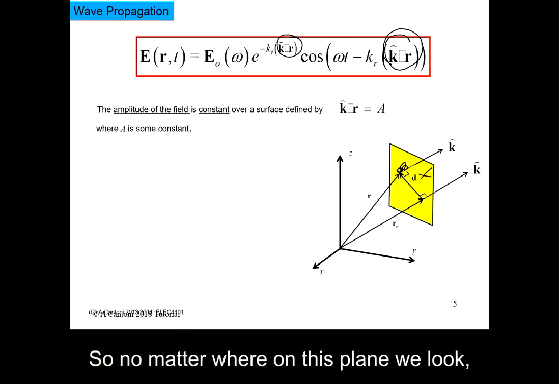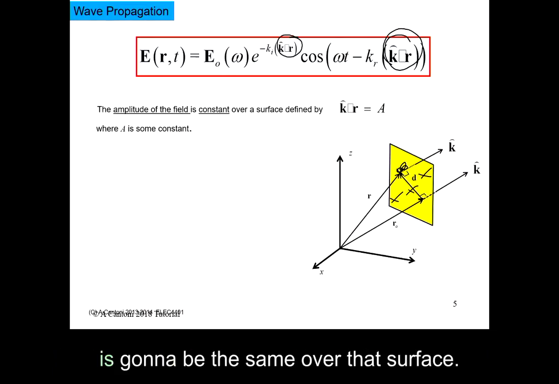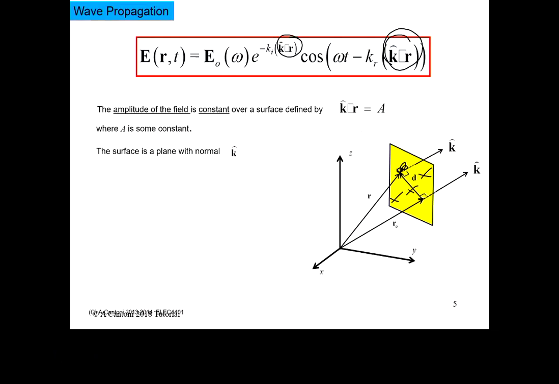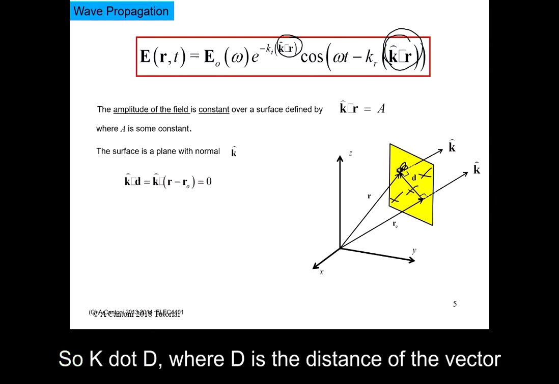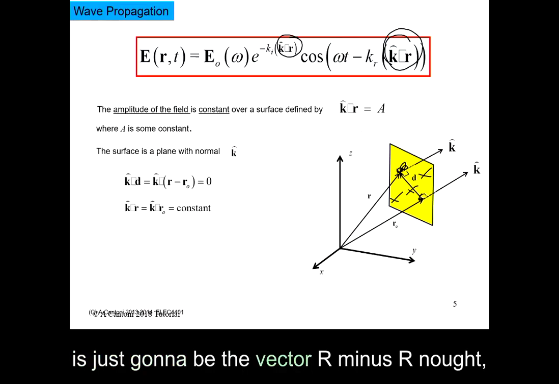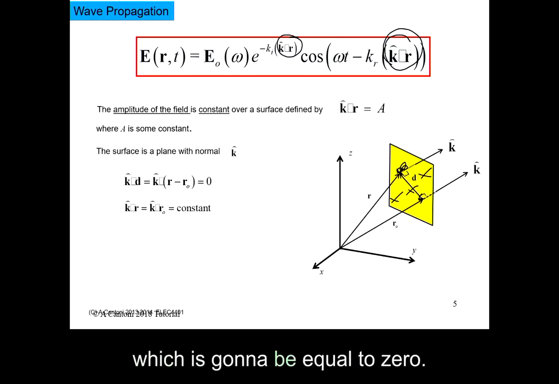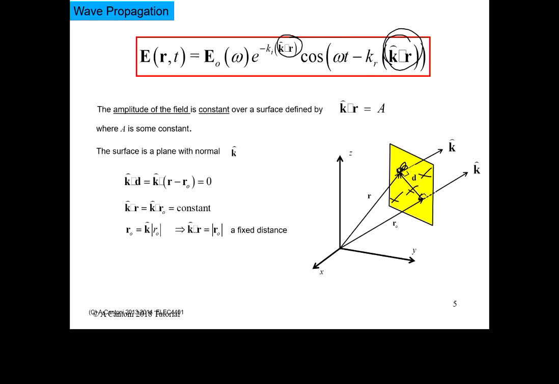So no matter where on this plane we look, because it's all flat, because we're very far away, we're making the assumption that the amplitude is going to be the same over that surface. Surface is a plane with normal k, so k dot d, where d is the distance, the vector between the two r's, is just going to be the vector r minus r naught, which is going to be equal to 0. All right, and they're going to be a constant. Right, so a fixed distance, so we end up with that.